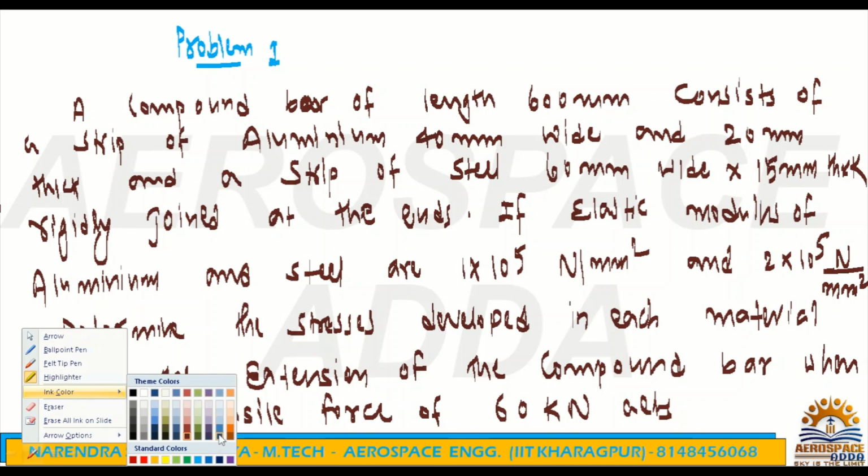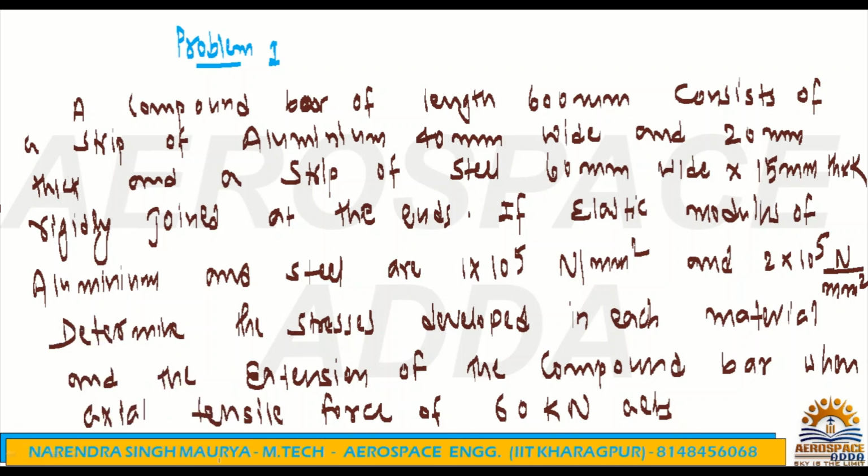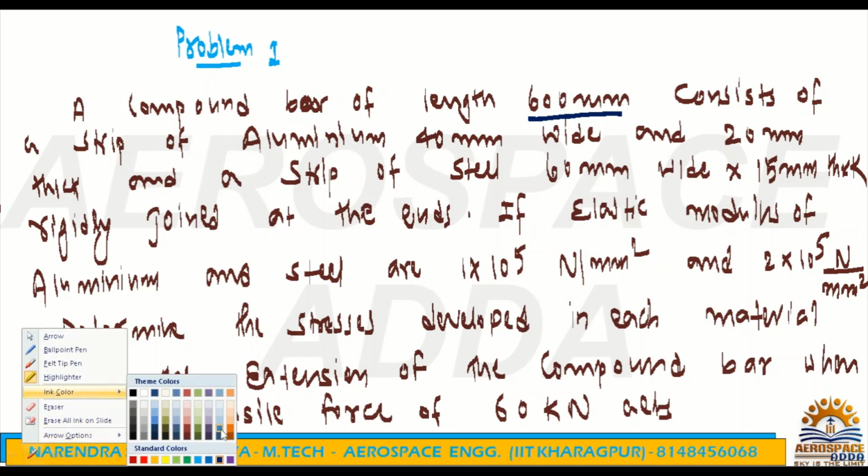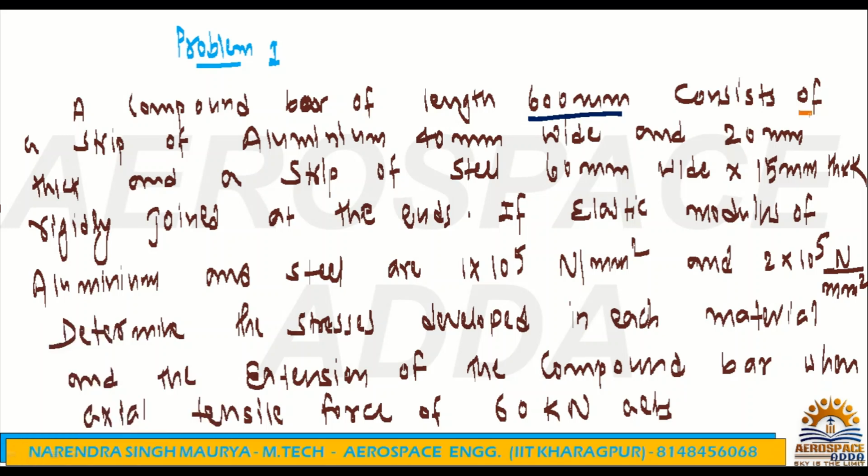The question is lengthy because it's a compound bar, but it's neat and clean, all data is given. They said the compound bar length is 600 mm, so obviously for both materials the length is common. It consists of a strip of aluminium, 40 mm wide and 20 mm thick, and a strip of steel, 60 mm wide and 15 mm thick, rigidly joined at the ends.